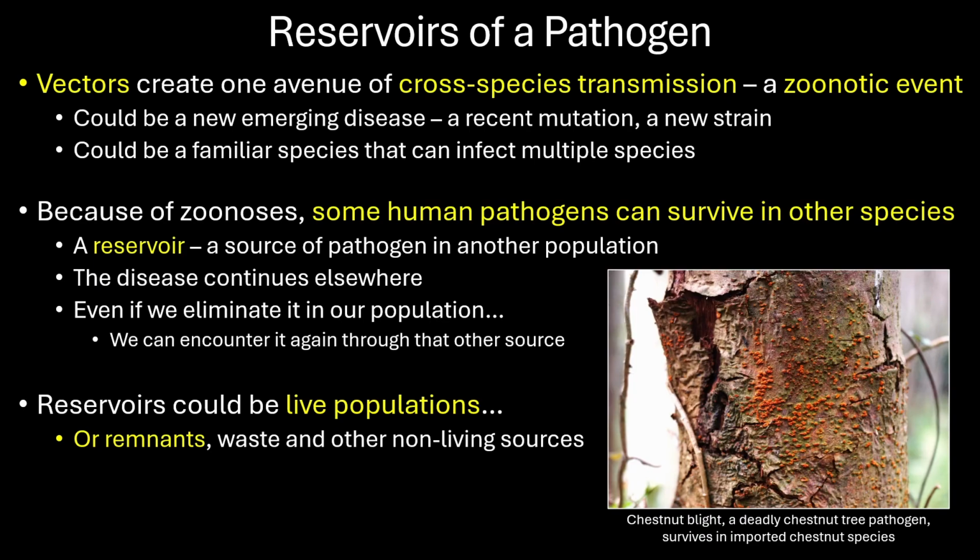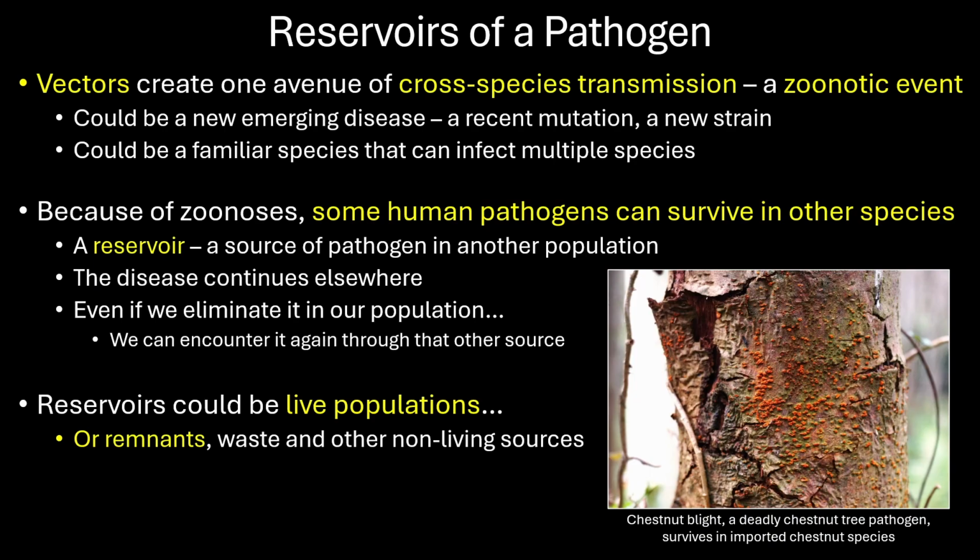The virus that causes COVID, the SARS-CoV-2 virus, is capable of infecting humans, but it can also infect a variety of other animals, including many cats. So it's possible that one day we figure out how to eliminate COVID completely from our population, but it's still possible for these viruses to exist in populations of other animals, like our house cats, for example. This is particularly problematic because it means even if we get rid of it, we could re-encounter it later.